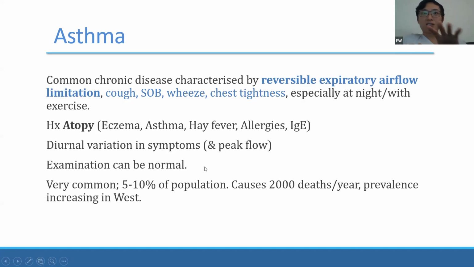This causes a fair amount of deaths per year, about 2,000, and it is getting more and more common because we're living in a cleaner environment. We are getting more atopic because we don't have pets at home, we don't see animals, we don't go outside, people are cleaning everything, and we're not getting that early exposure to pathogens and sensitizers, which causes some atopy.